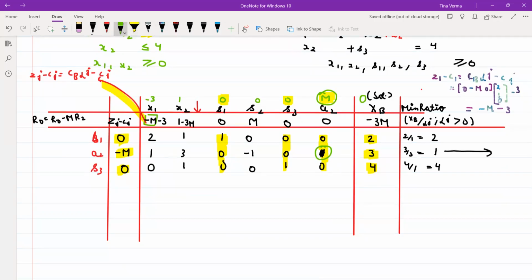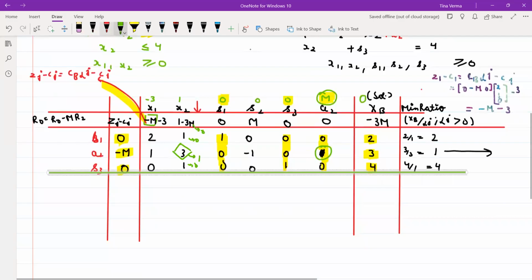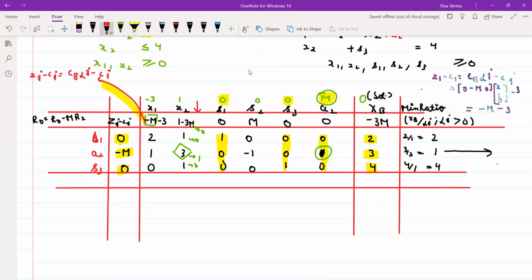So if this is the leaving variable, what is the intersection? This 3. So this is my pivot element. I have to make this element as 1, this element 0, this element 0, and this element as 0. Apply your row transformation and then get the new table. So now your basic variable S1 will be on its place.